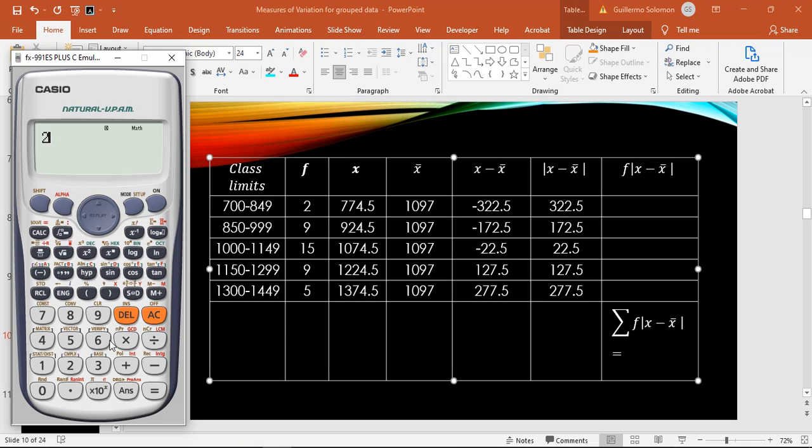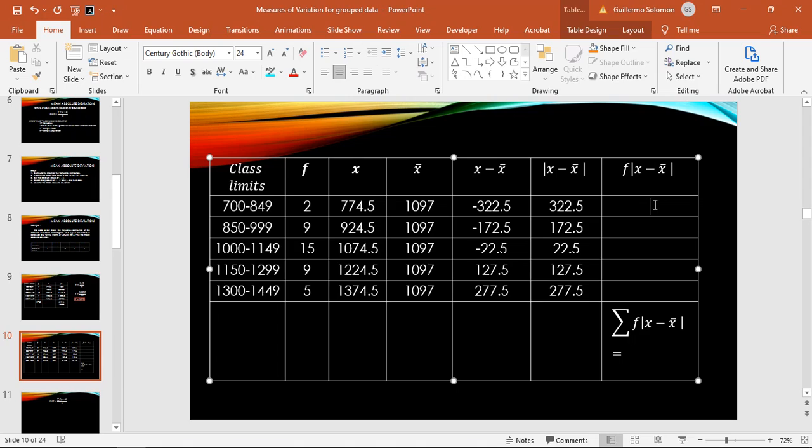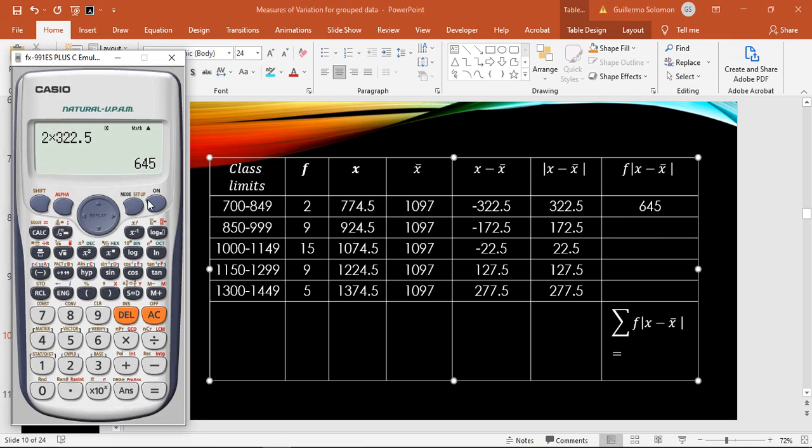So, 2 times 322.5. Okay? Is 645. Okay? So, next. Wala siyang kahirap-hirap. Ang ginagawa lang natin dito, plus, minus, tsaka, multiplied, then divide.